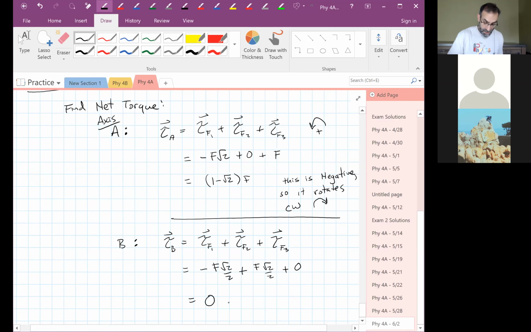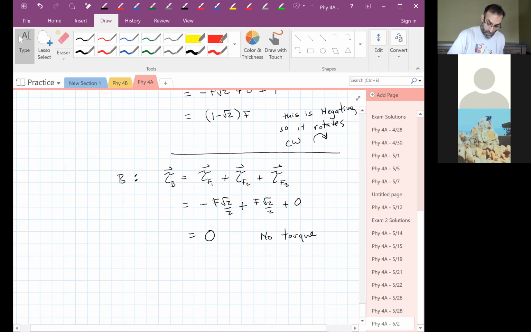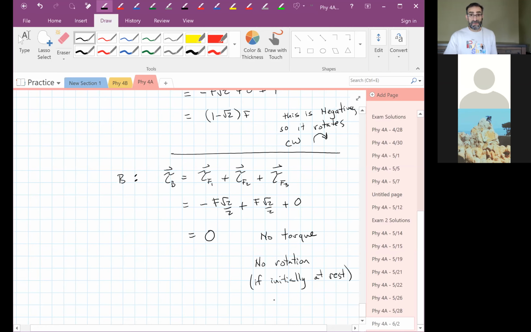So there's no net torque about axis of rotation B. So if it wasn't rotating, it's not going to start rotating.